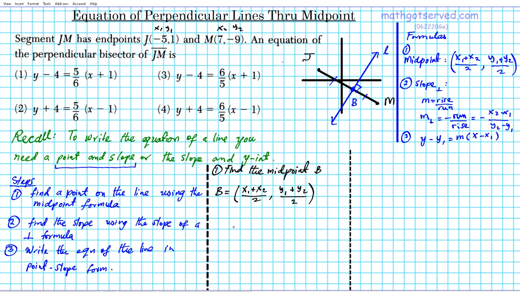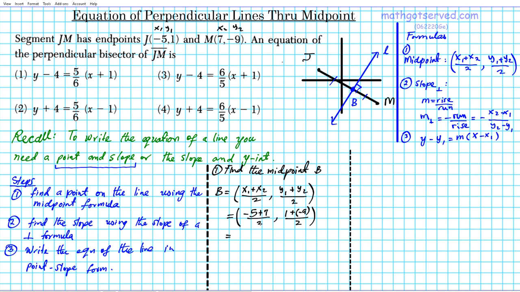If we plug it in here, for the x coordinate it's negative 5 plus 7 over 2, and then for the y coordinate, 1 plus negative 9 over 2. Bam, bam, bam. All right.